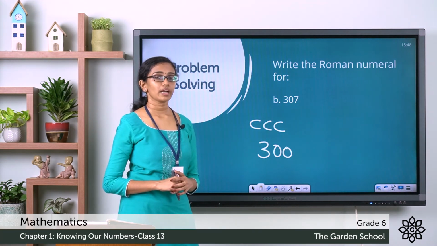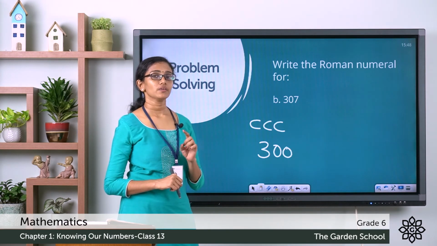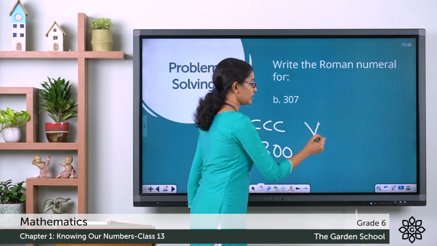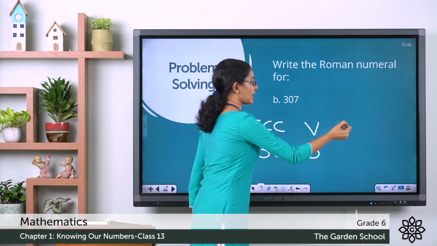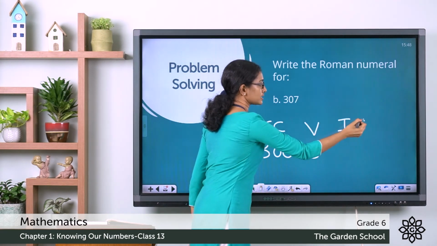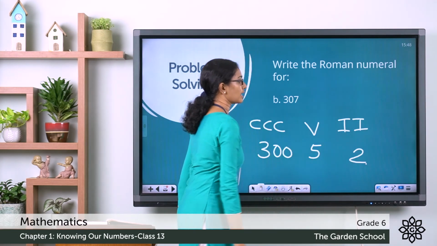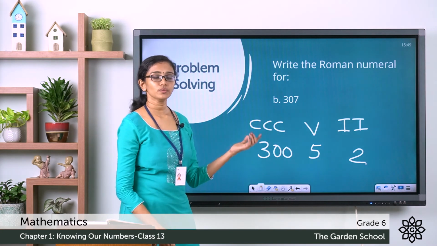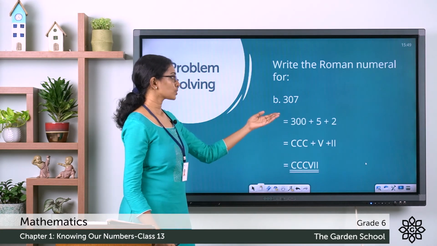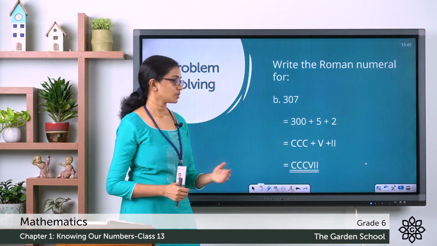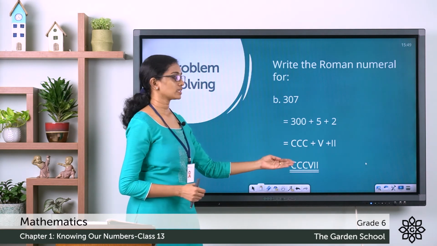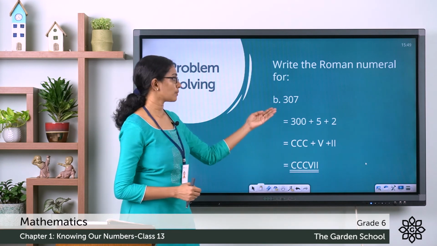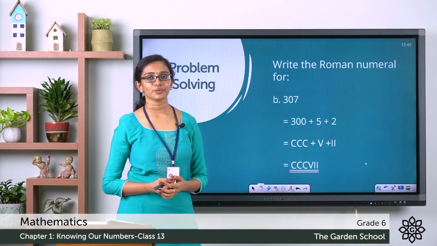No. But we have a symbol for 5 and for 1 we have I. So if we write the symbol V, which represents 5, and the symbol I twice, it means the value is 2. So you have 300 plus 5 plus 2, which is equal to 307. So to represent the number 307, we have to write the symbols C, C, C, V, I. This is how you should write to represent 307 in Roman numerals.